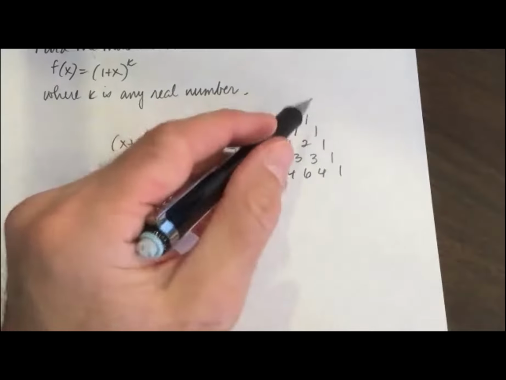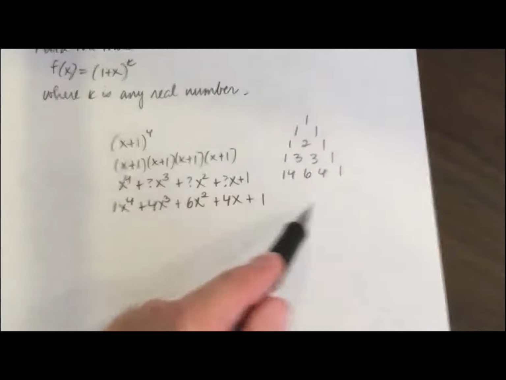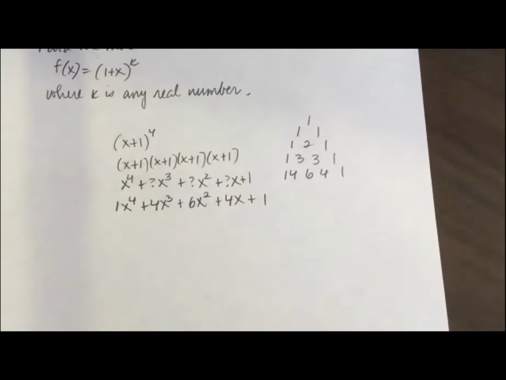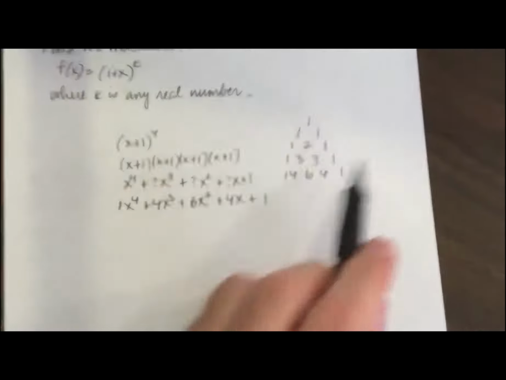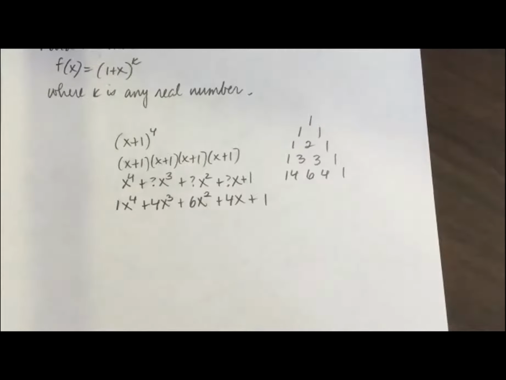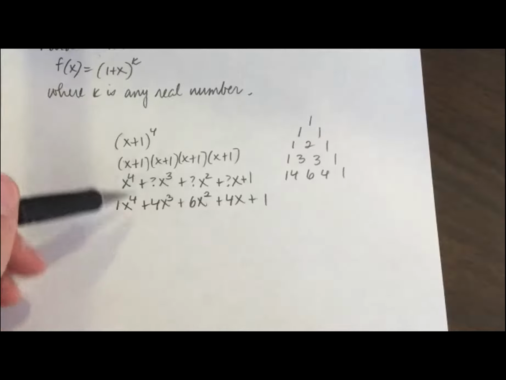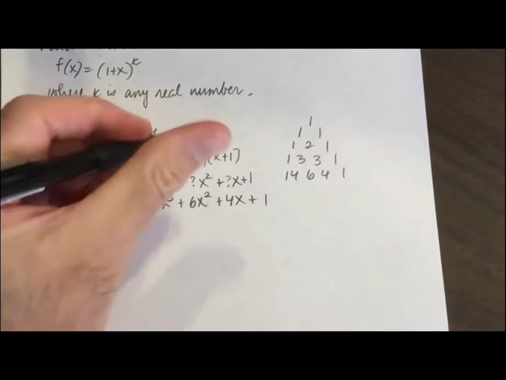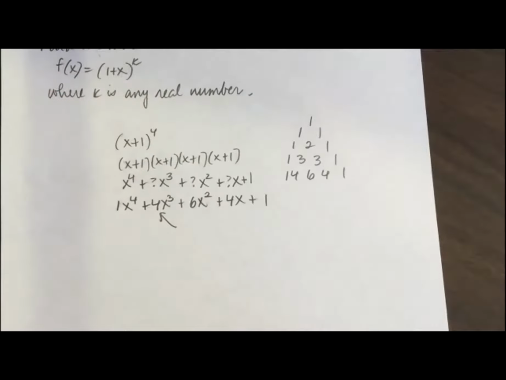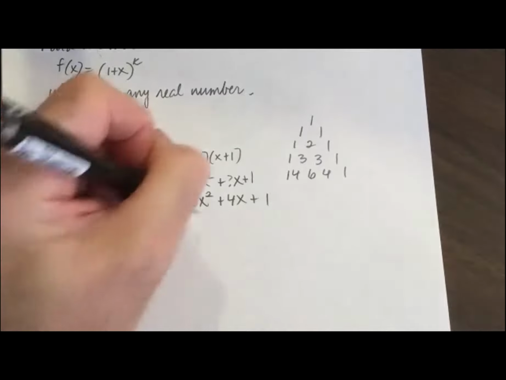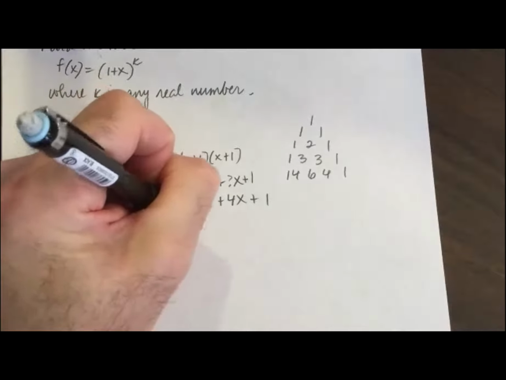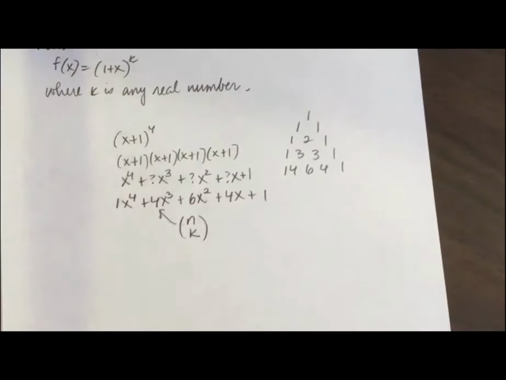You can play with this table. In fact, you can spend the better part of a semester just playing with this table. There are all kinds of cool properties and relationships here. Somewhere, I don't know if we did for you guys, we said there's a notation for this coefficient, and we said it was n choose k.